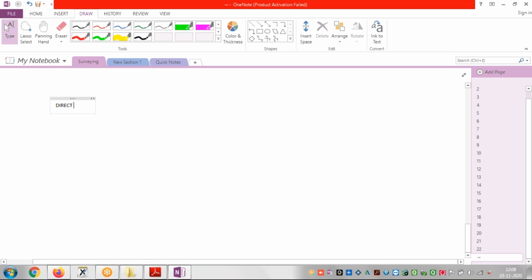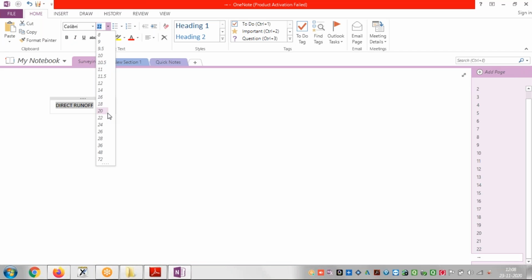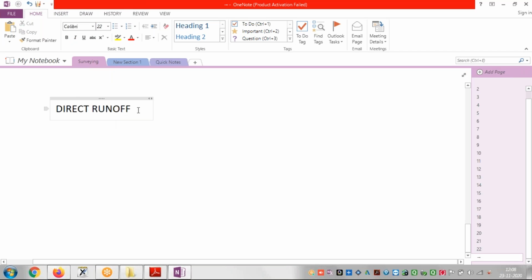Direct runoff. I will say that this direct runoff is equal to prompt interflow plus subsurface flow.